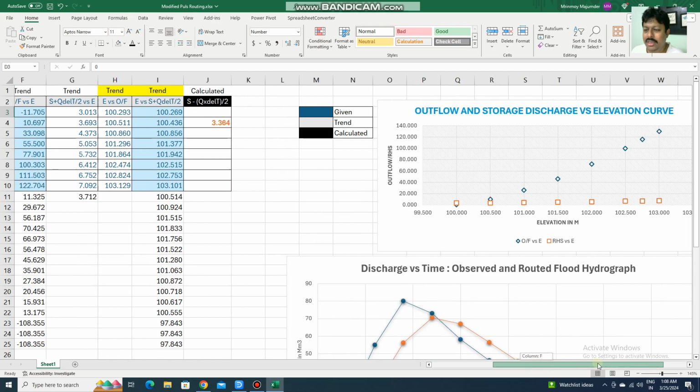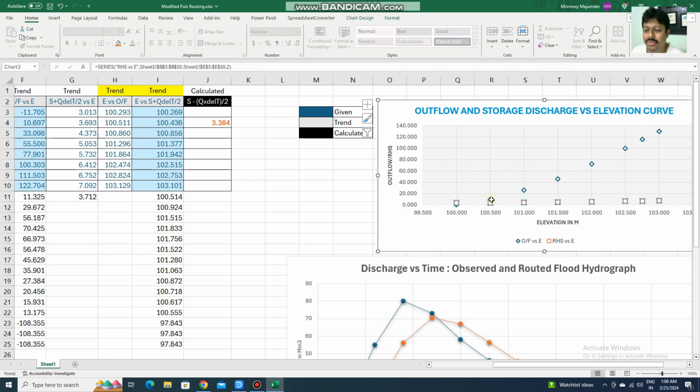So if I take this curve, outflow versus elevation curve, this is y2, this is y1, correct? This is x2, this x point, 100.5 minus 100, x2. So what is the slope of the curve from this point to this point?